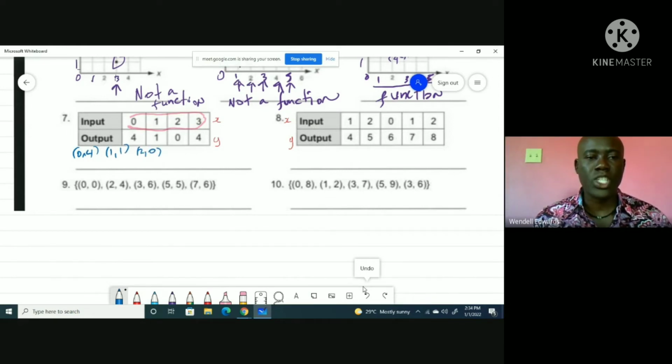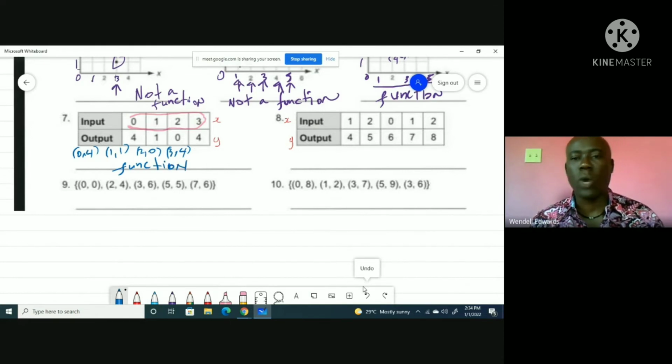Talking about each input producing its own output, or producing 1 output, should say. And we have 3 linking to 4. And so with all of this idea, we're seeing where each member on the domain, or the input, or the x values, would be going towards 1. So I didn't have a repeated x value here going to another y value. So this is classified as a function because I'm getting a 1-to-1 still.